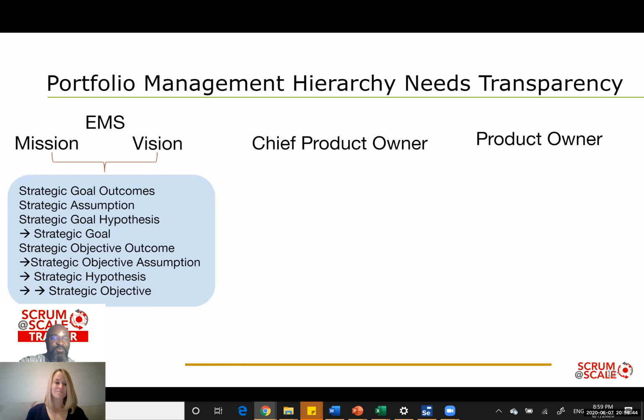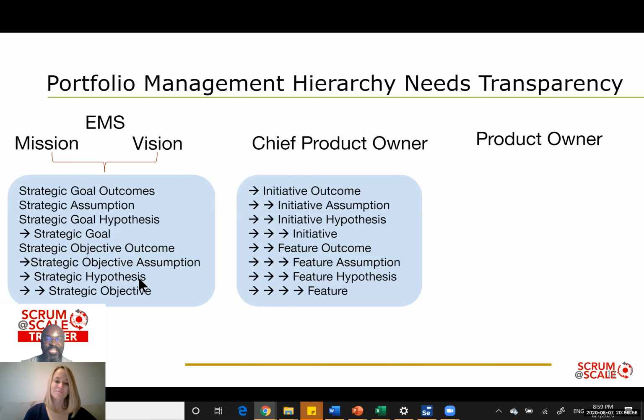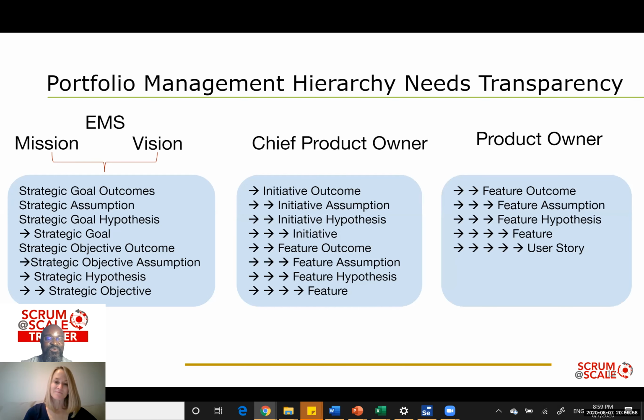And so I need to have all these things linked up together so that I can actually see why I'm doing what I'm doing. And if one part is true, what are the other parts that need to change? And again, I'm going to do this at every level throughout my organization.